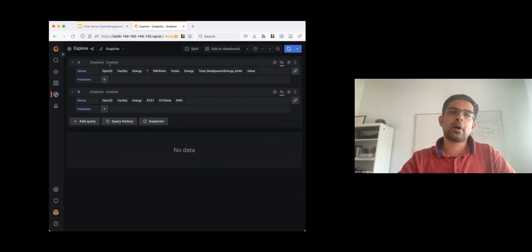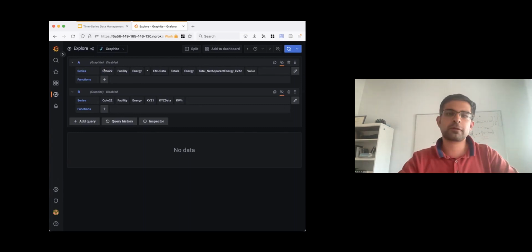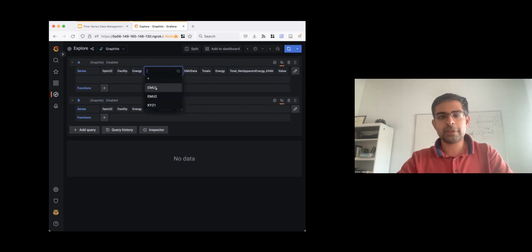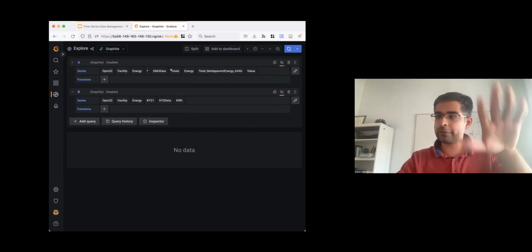For example, if you want to do exploratory data analysis, you may want to know which are the interesting metrics and what are their correlations, right? So you can do wildcard based queries. Here I'm looking at Opto22 facility energy, and this has these two EMUs and one KYZ meter. And let's say I want to get the net apparent energy for all of them, right?